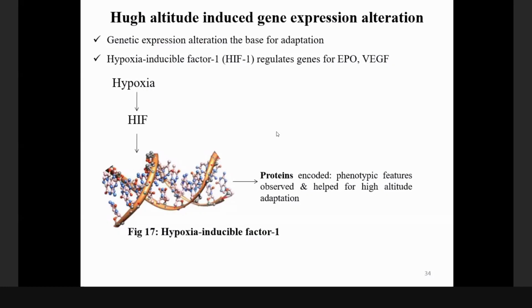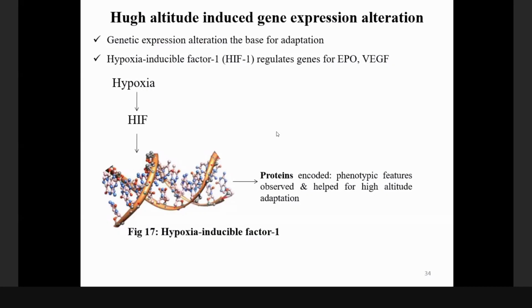So hypoxia facilitates the production of HIF, hypoxia-inducing factor, and this factor affects the genes. In figure 7, this is the DNA actually, and you can have smaller segments in the DNA, and those are called genes. You can have a number of genes, and those genes are affected by the hypoxia-inducing factor.